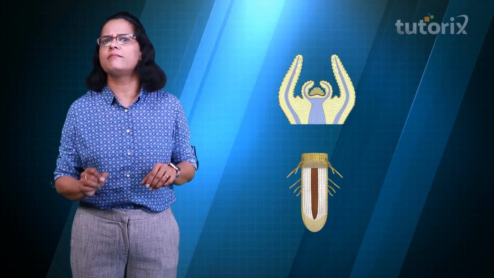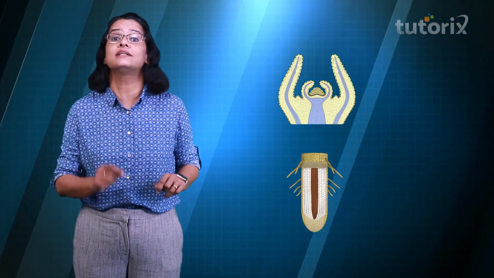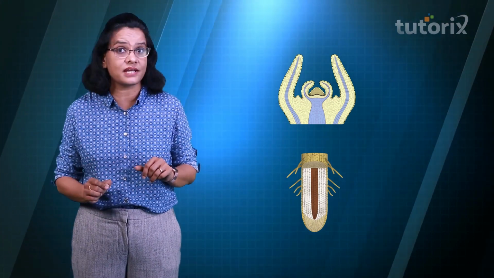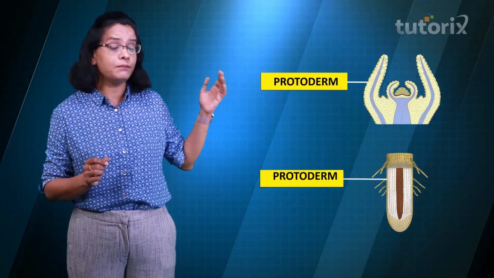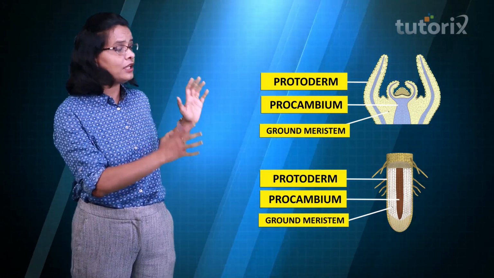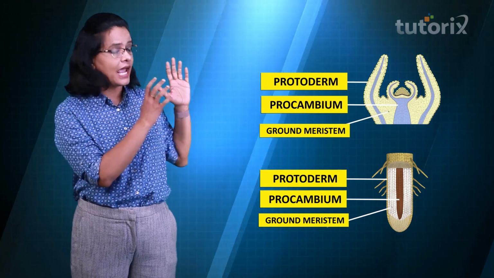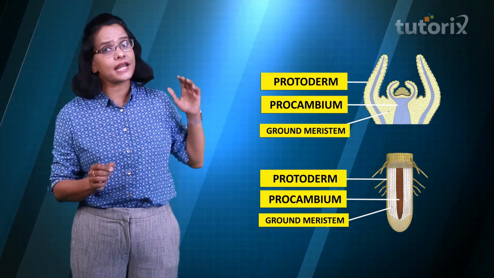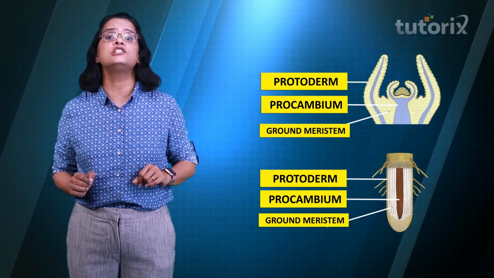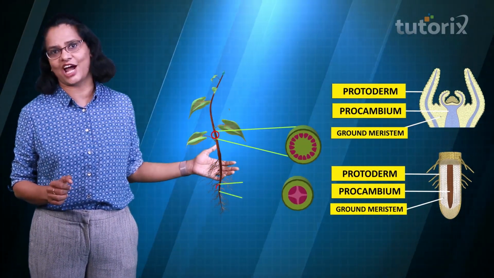And if you remember or give a little stress to your brain, then you will also remember that the three types of primary meristem were the protoderm, procambium and the ground meristem. And all these three types of meristems are basically derived from the apical meristem, which leads to formation of dermal tissues, vascular tissues and ground tissues.